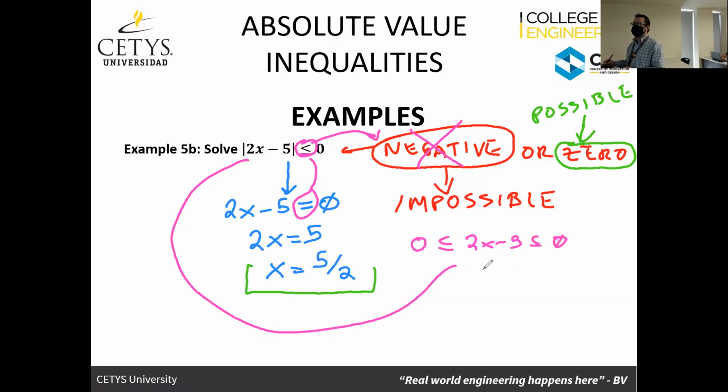And if we solve this, this is going to be 5 less than or equal to 2x less than or equal to 5. So 5 divided by 2 is less than or equal to x less than or equal to 5 divided by 2. So basically that solution is telling us that it's between this number and the same number, which is that number.